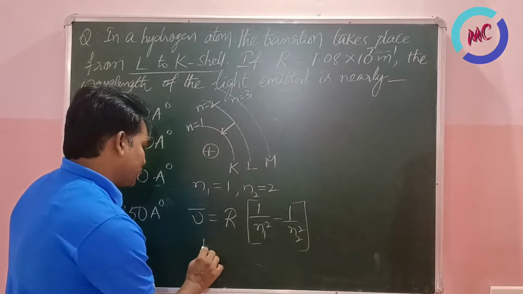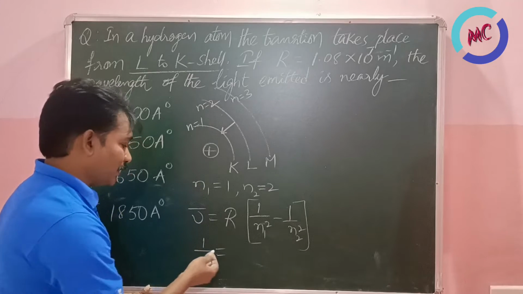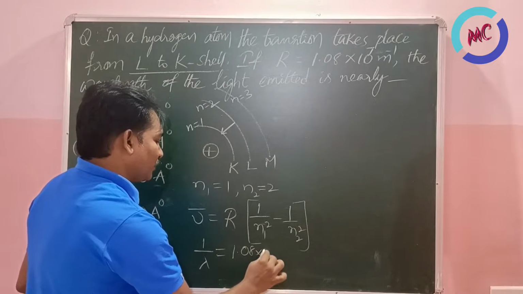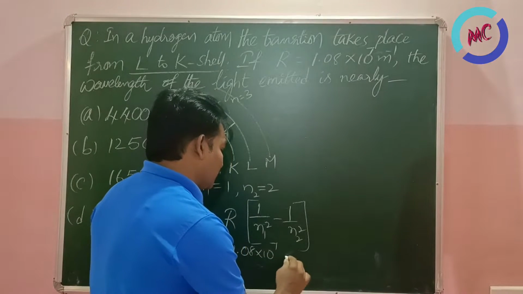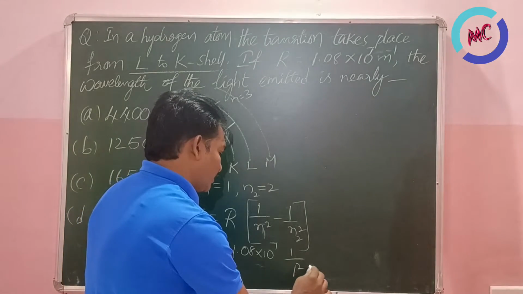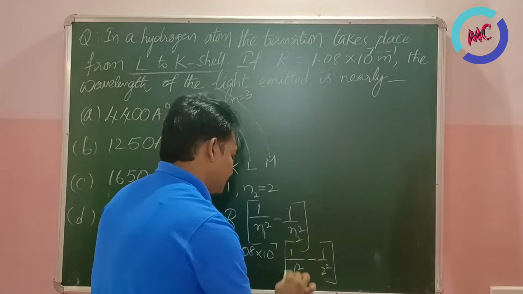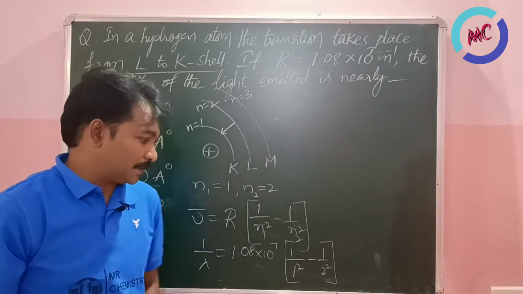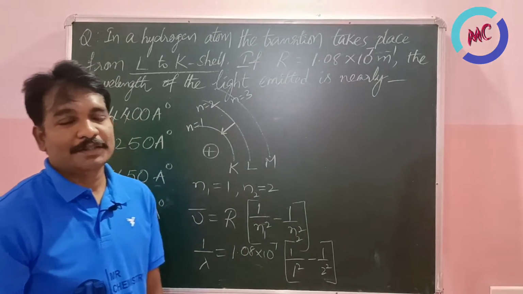Now here we can write 1 by lambda is equal to, what is R value here? 1.08 into 10 to the power of 7. And what are the values of N1 and N2? 1 by 1 square minus 1 by 2 square. 1 by 1 square is equal to 1. 1 by 2 square is 1 by 4. 1 minus 1 by 4 is nothing but 3 by 4.